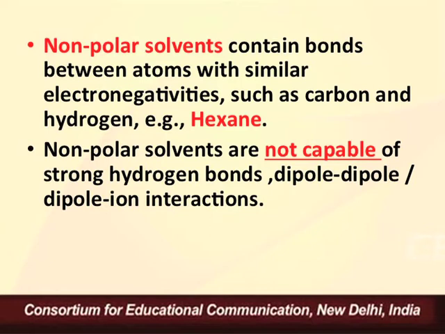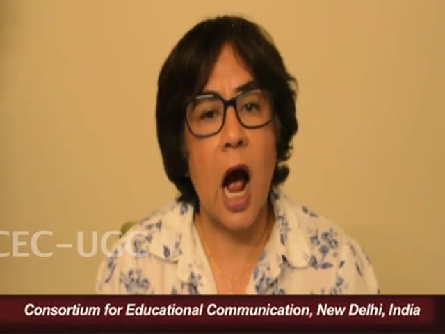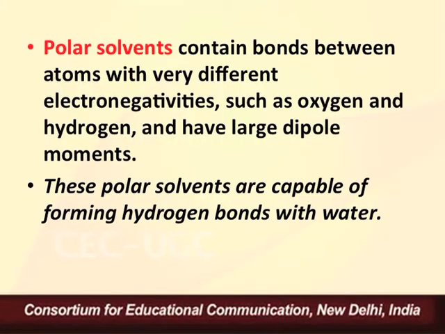Non-polar solvents are not capable of strong hydrogen bonds or dipole-dipole or dipole-ion interactions, and since they are non-polar, we cannot carry out nucleophilic substitution reactions here, because in nucleophilic substitution reactions our substrates are polar and may be ionic also. So the second category of solvents are polar solvents.